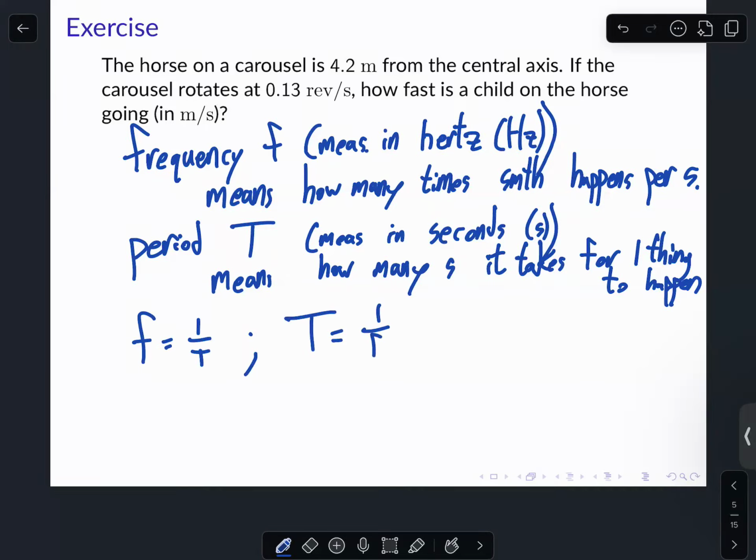Period is inverse frequency. I also hope that these two equations can be derived from each other and do not seem to be two things to memorize, but one. Cycles per second, seconds per cycle, they're just reciprocals of each other.